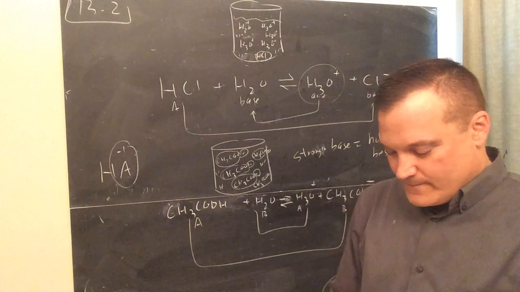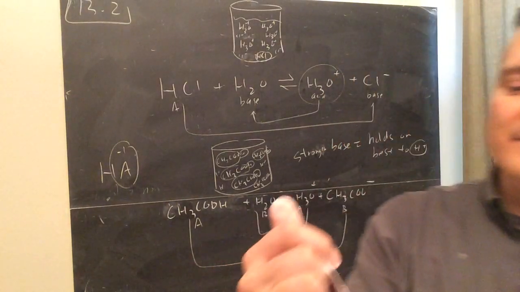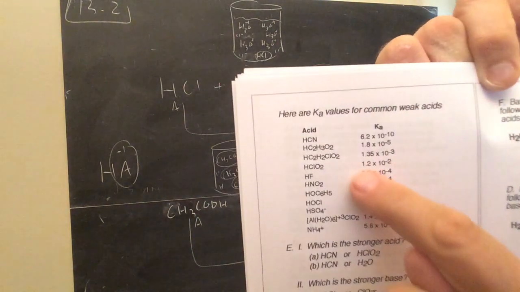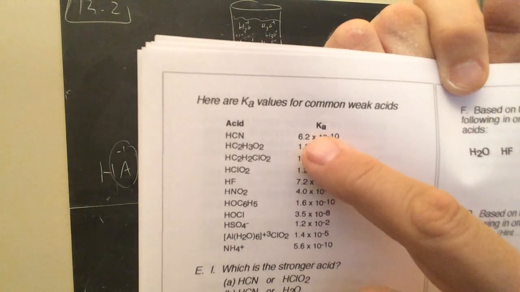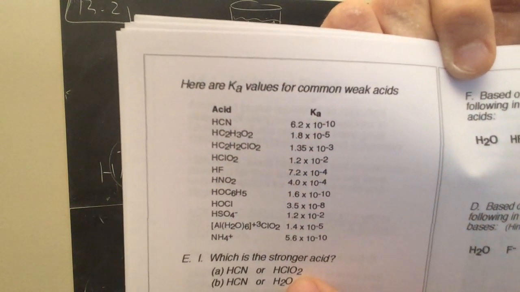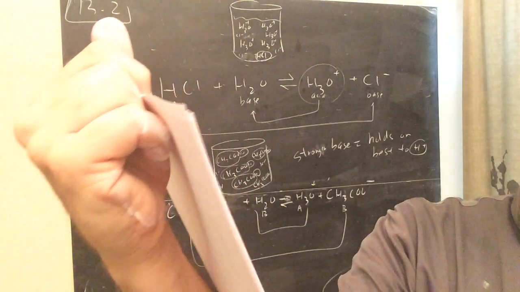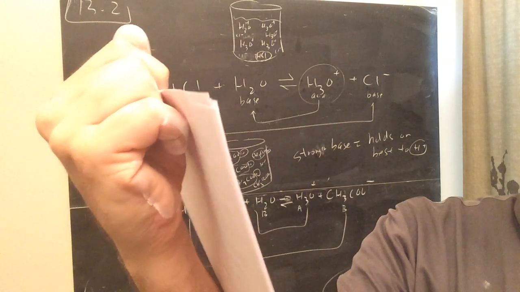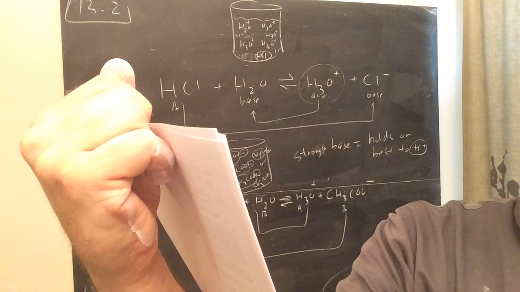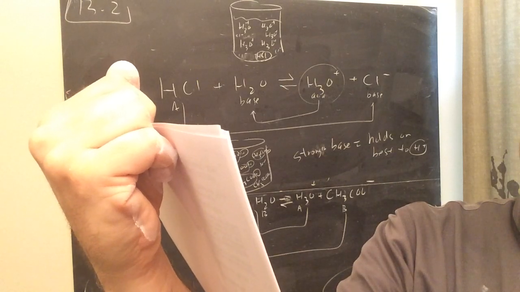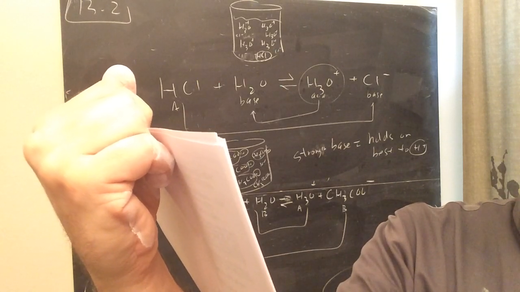Now, these are the values for the acids as well. One way to tell who's a stronger acid is simply to say who has a higher Ka value. I didn't put HCl on here because it's a strong acid. But the strongest acid listed here would actually be 1.2.